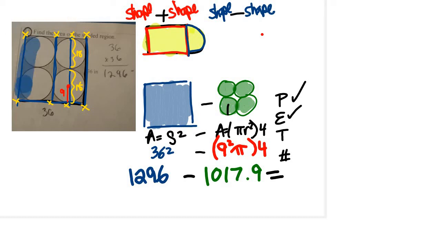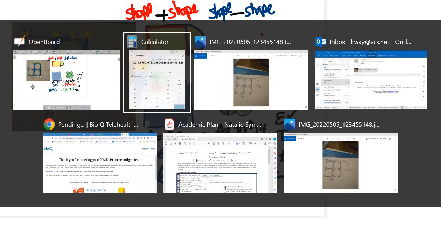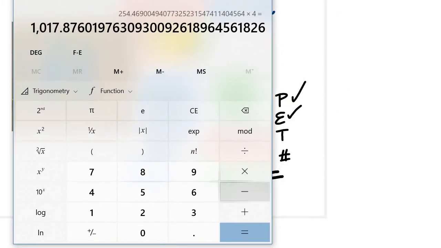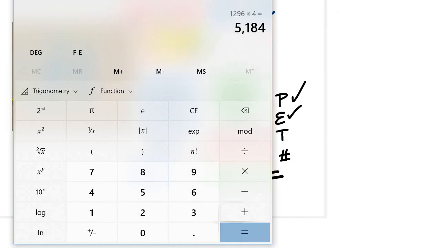So we found this is 1,296. We found all 4 of these. It's 1,017.9. So to get the shaded, we simply subtract. Minus 1296.